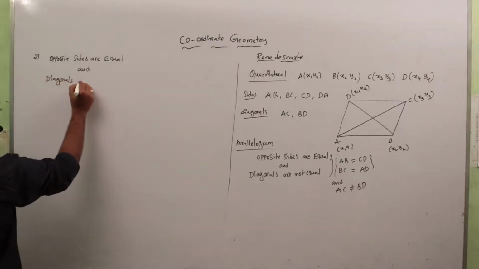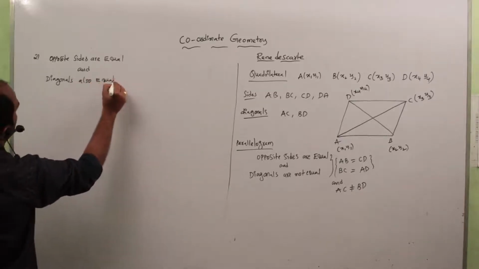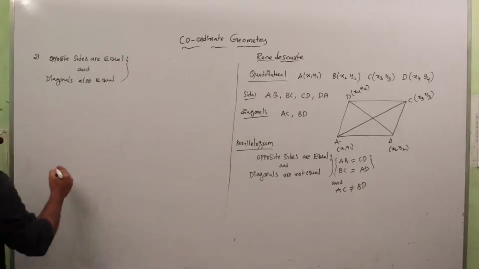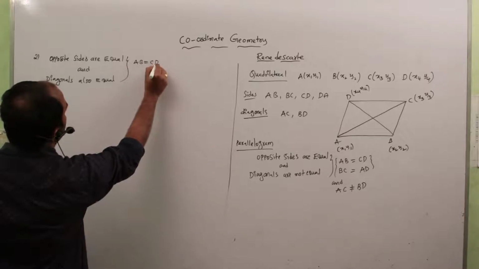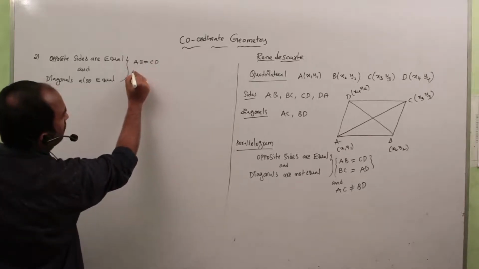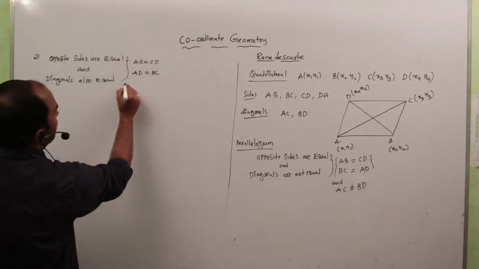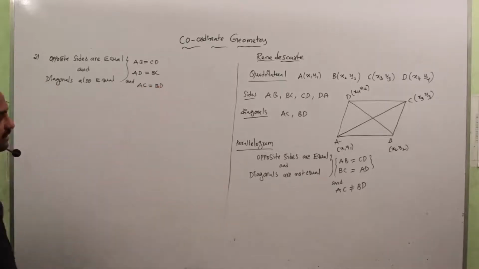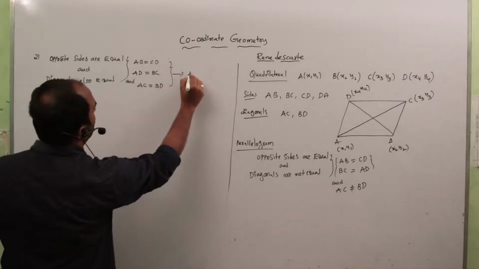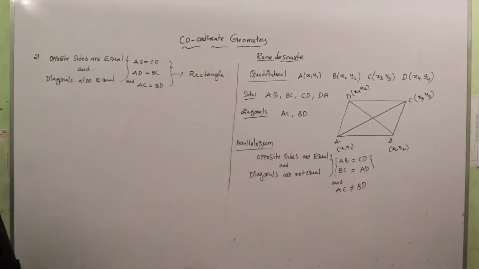That means AB is equal to CD, AD is equal to BC, and diagonals AC is equal to BD. Then we conclude that the given quadrilateral is a rectangle.